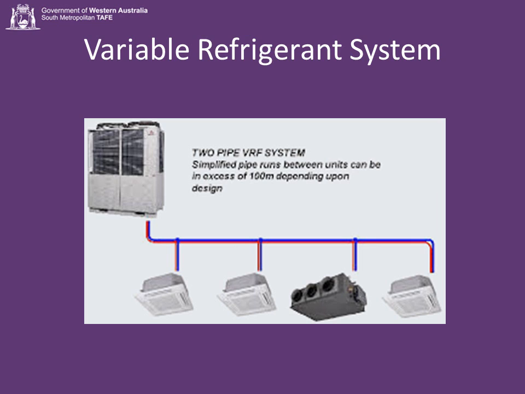With modern systems, you can even have the type of system where one of the rooms is being cooled and another room is being heated. We call this variable refrigerant systems. They're becoming increasingly popular because we now have automatic valves which allow it to work really well.